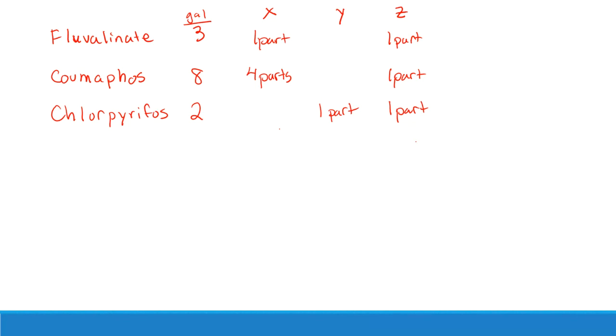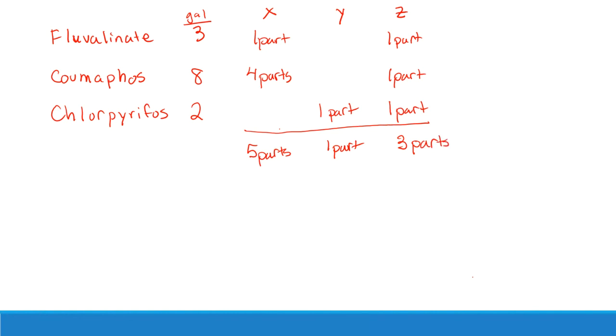So I've written down how many parts we have, but we have to look at these in terms of fractions, so we need to know how many total parts we have. So for X, that gives us 5 parts total. For Y, we have 1 part total, and then Z, we have 3 parts total.